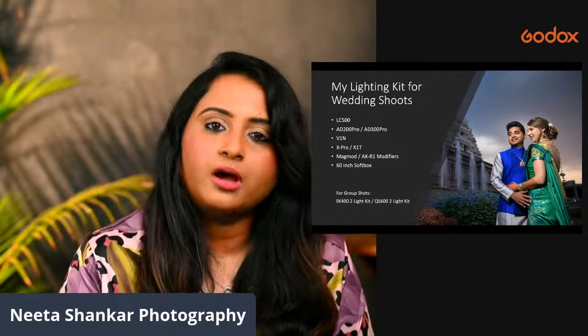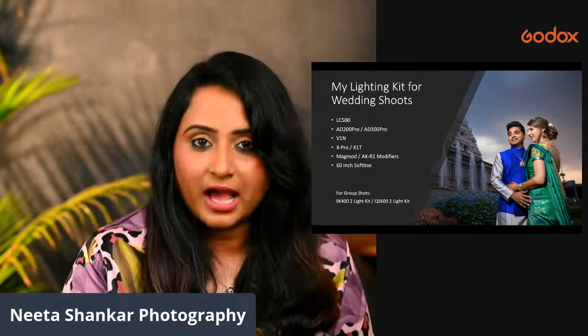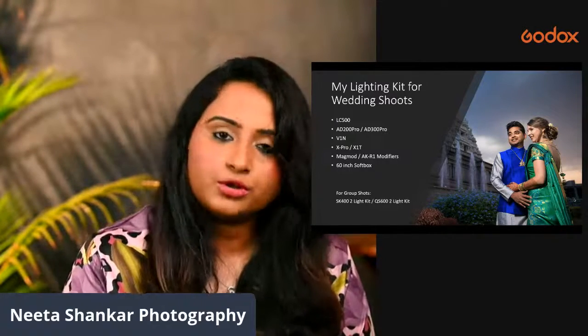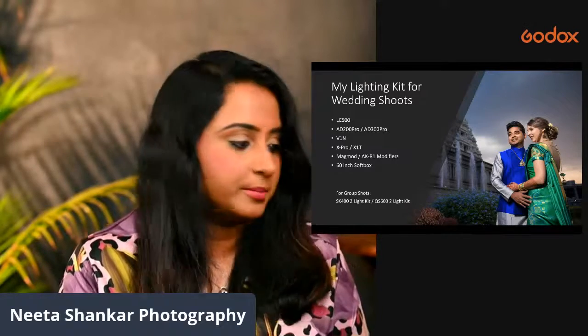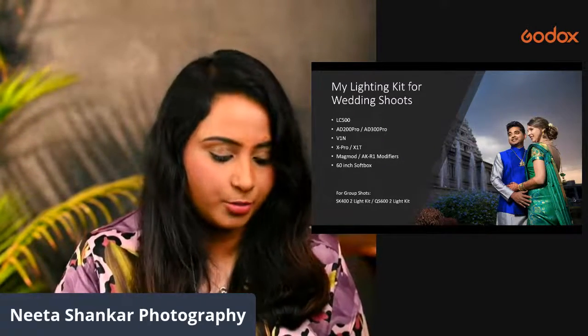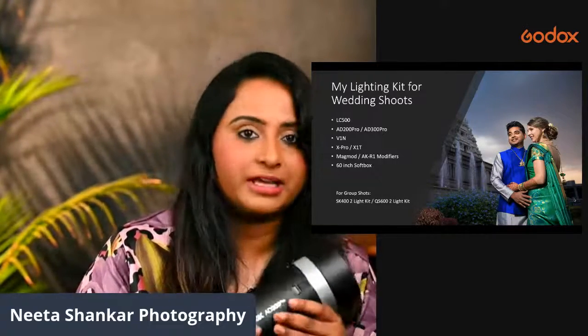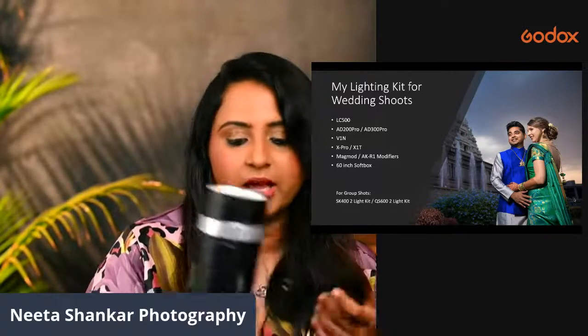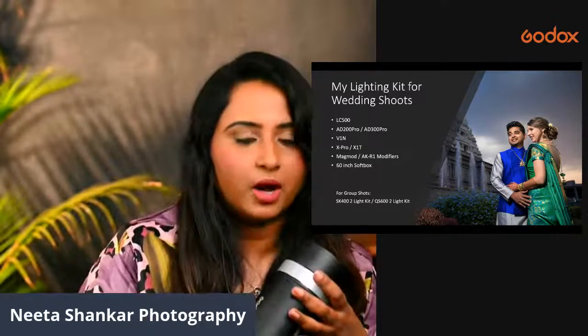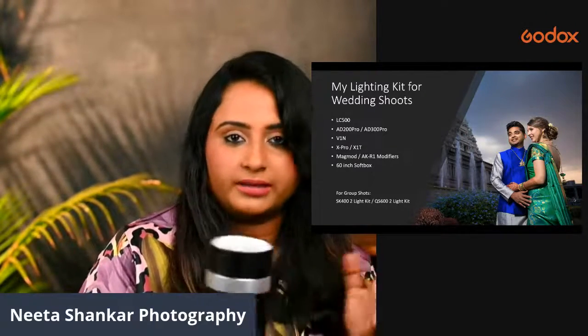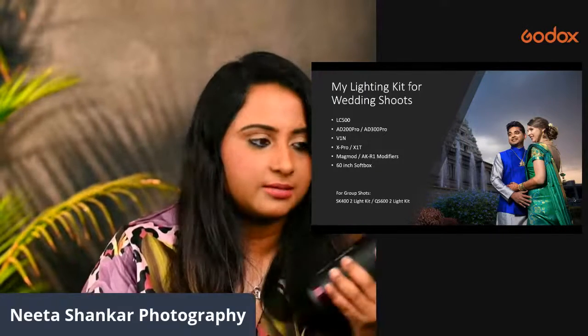That's what I prefer to use when I'm in a rush. Otherwise, most often my favorite one used to be AD200, now it's AD200 as well as AD300 Pro. So these lights are what make up my wedding kit. I usually carry one AD300 now and one AD200, and that's what makes the wedding kit.